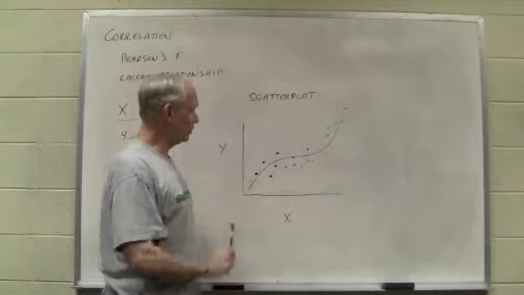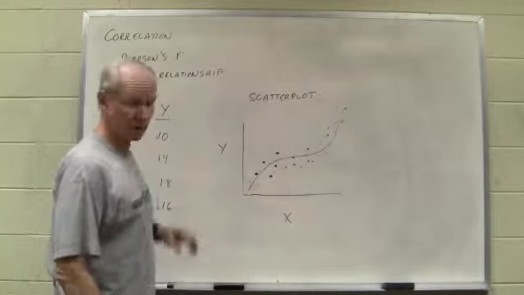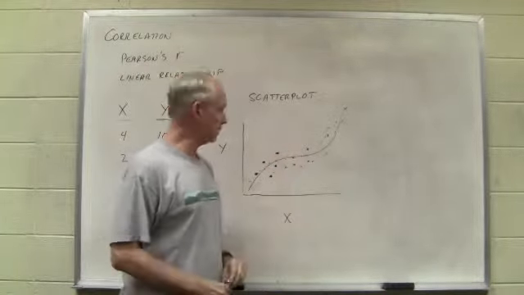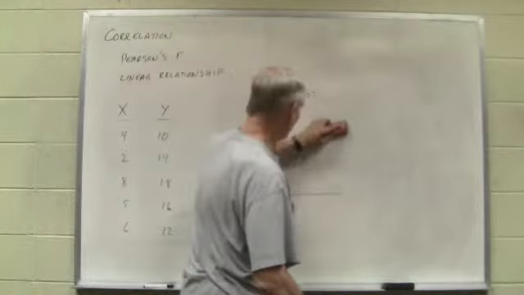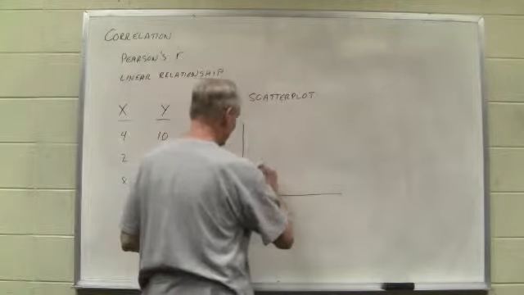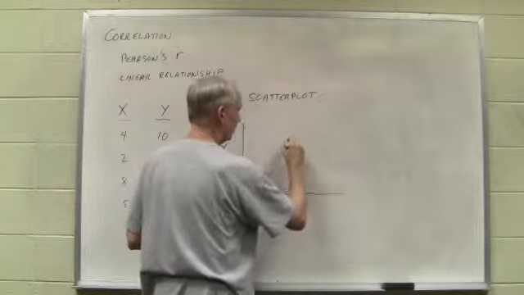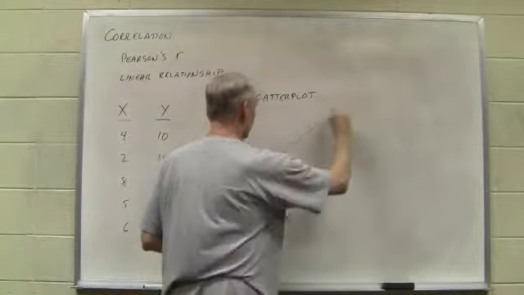Well, if we saw a scatter plot like that, we would not jump to the conclusion that we should compute Pearson's R to tell us just how strong that relationship is, because Pearson's R assumes that when we get our scatter plot, we're going to get some kind of a pattern that would be very nicely fit by a straight line.